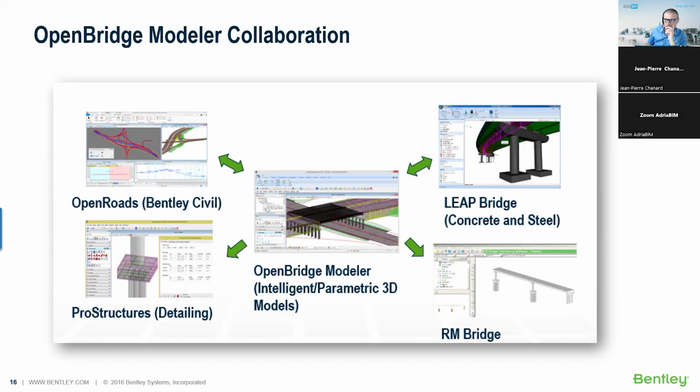And when we create a bridge, usually there is a road upon it, or a road under it, or a rail, and all that kind of thing. So everything is linked.